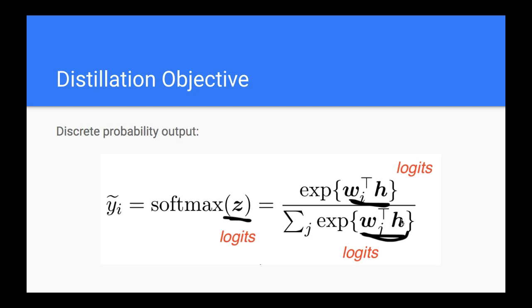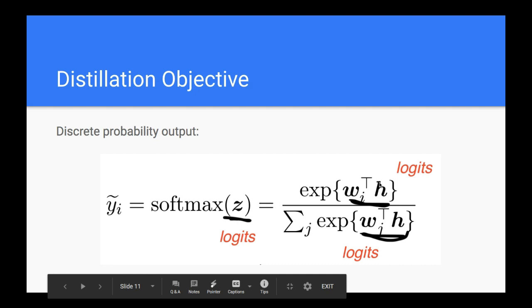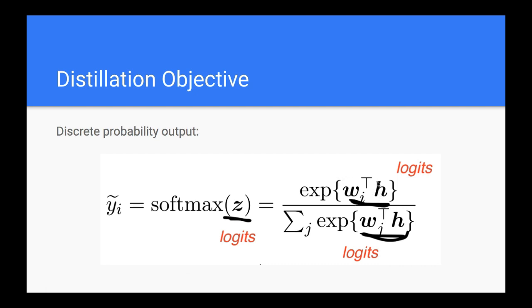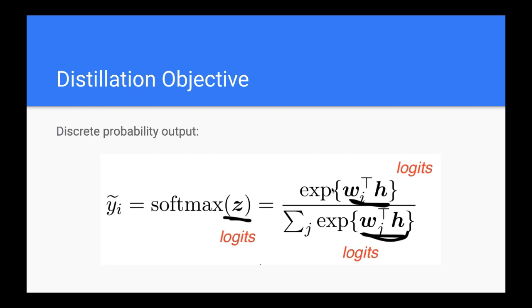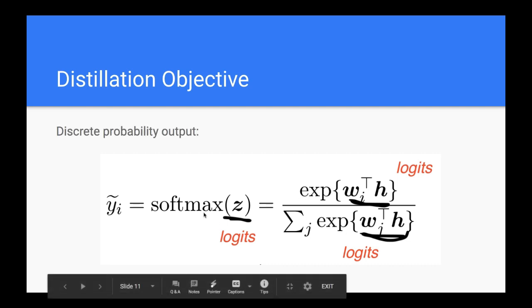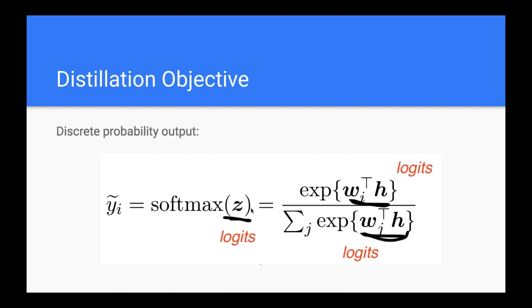So this is our hidden representation, and this is our weight, the feedforward neural network weight, our softmax layer weight. Then after you do the matrix operation, you will have a value, and we put this value into the exponential function. This function we call the softmax function, and it will give you a probability of each given class.